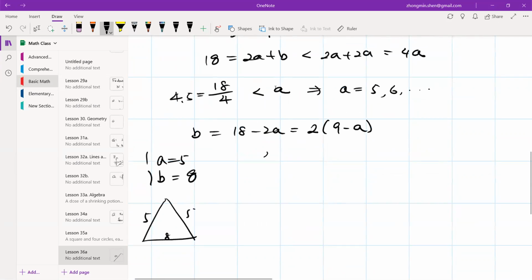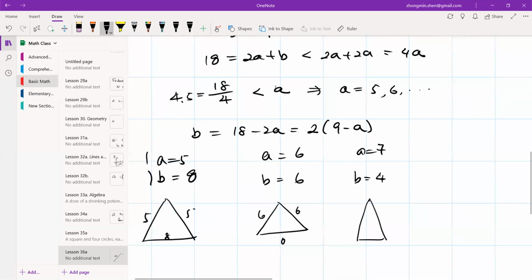When A equals 6, B is 6, and you get an equilateral triangle. When A equals 7, B is 18 minus 14, which is 4, and this is also a triangle. It's getting very narrow: 7, 7, 4. When A equals 8, B equals 18 minus 16, which is 2. Even slimmer.